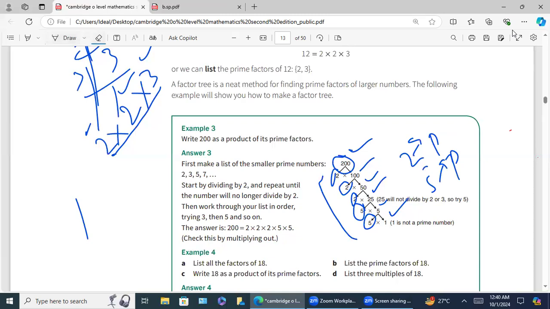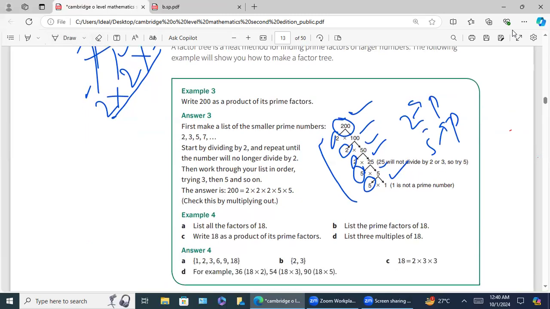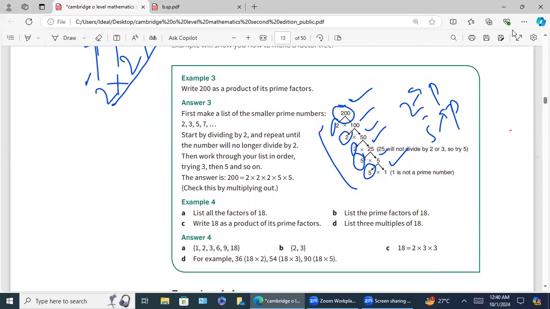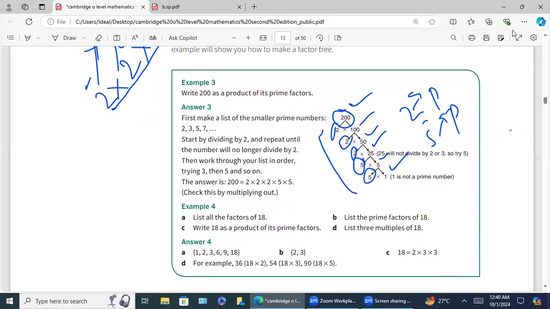Example number 3. First make a list of the smaller prime numbers, or simply you can create a direct table. It's up to you. Don't worry about this.